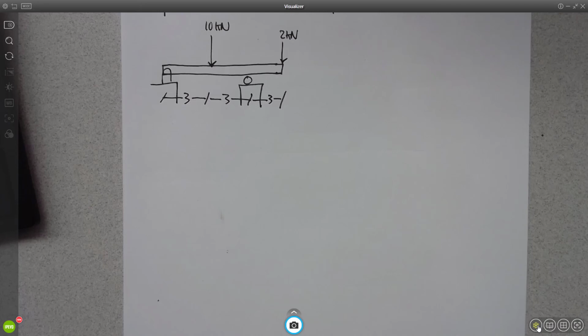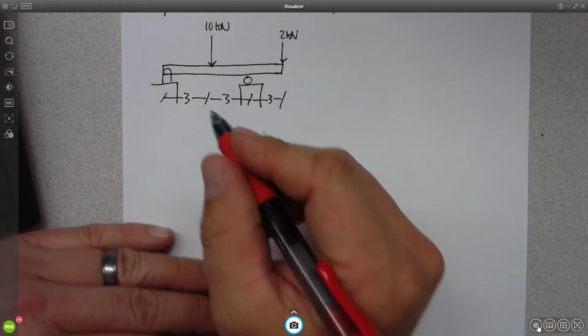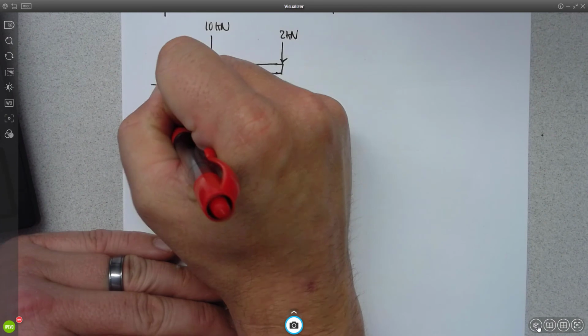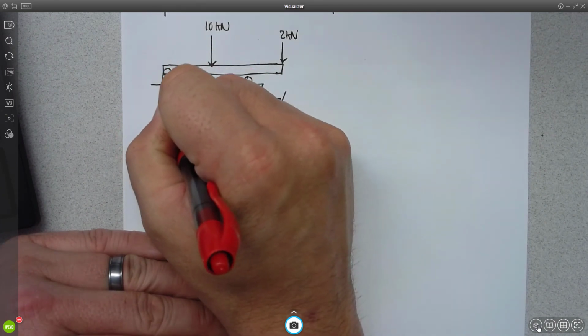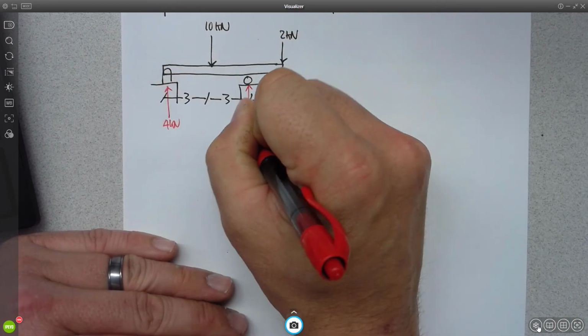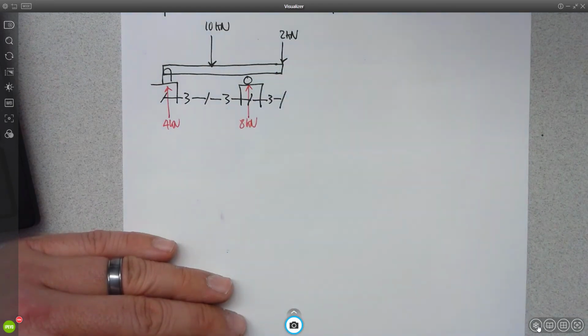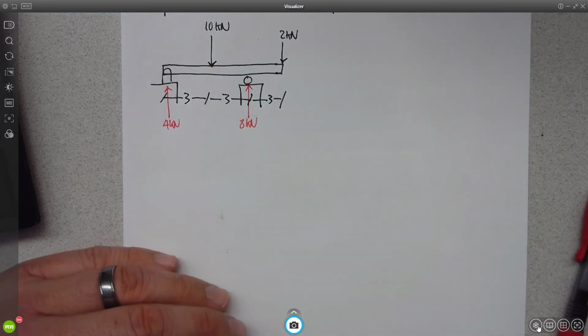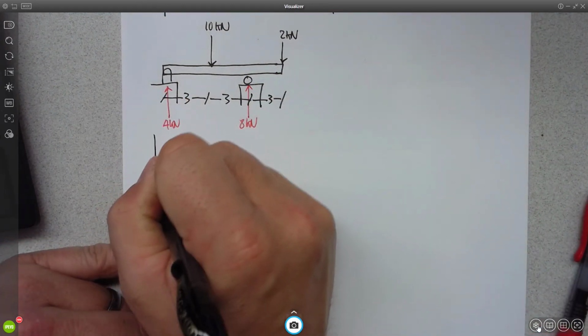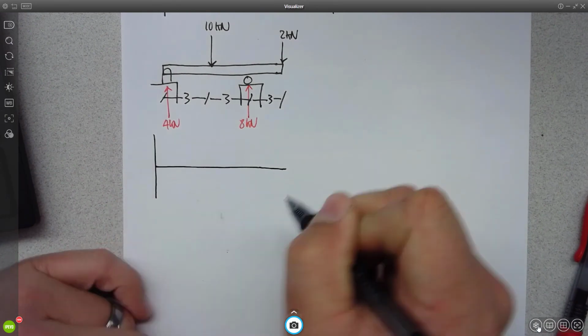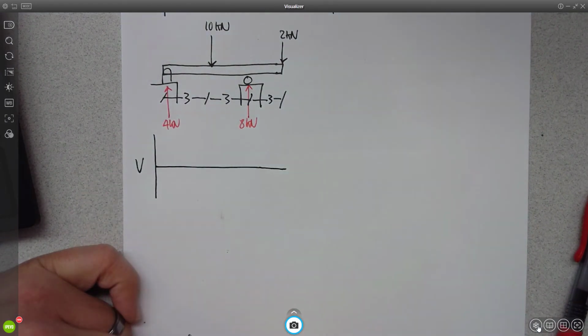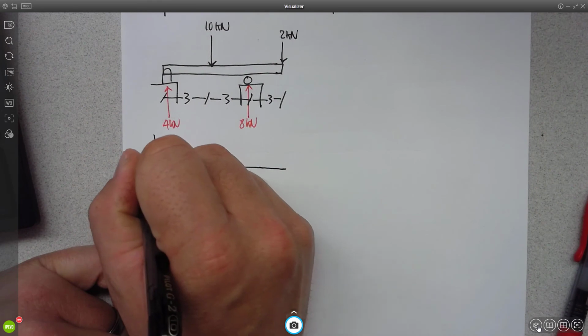So what'd you get for reactions? 4 kilonewtons here, 8 kilonewtons here. Okay. So then I can draw my shear diagram. I jump up 4, it looks like.